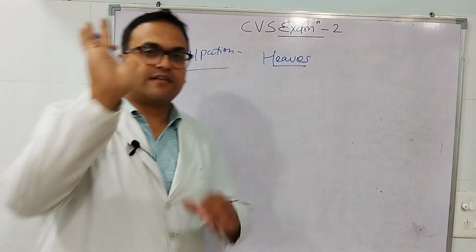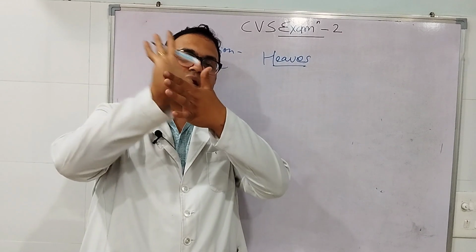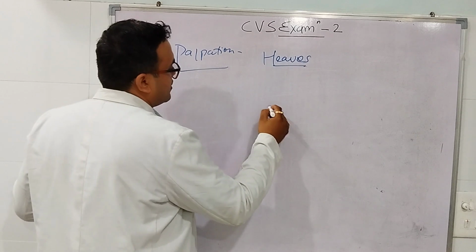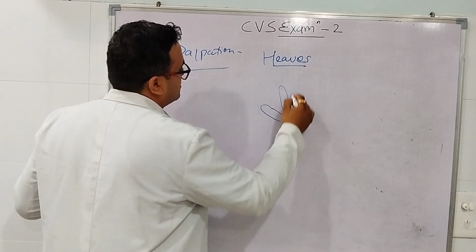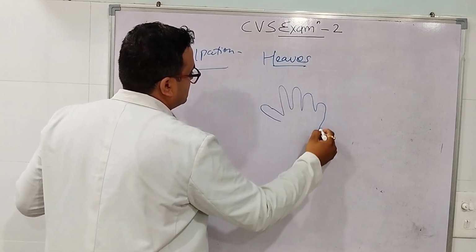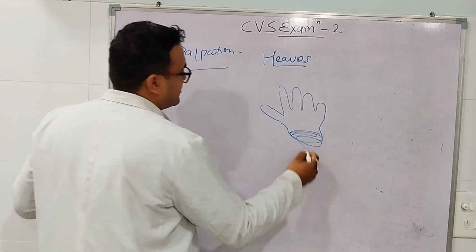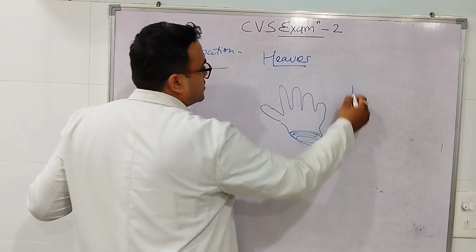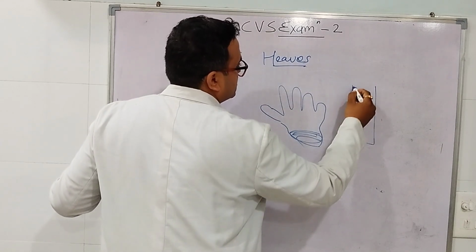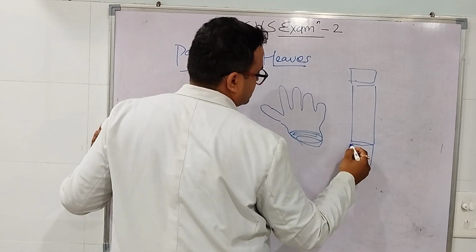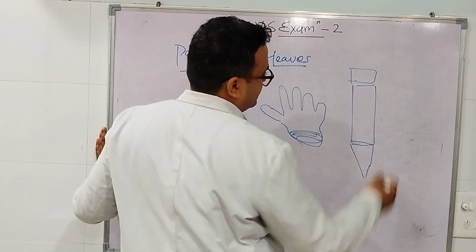The heaves are felt with this part of the palm. We feel the heaves with this part of the palm. So this is the sternum and this is the xiphisternum.